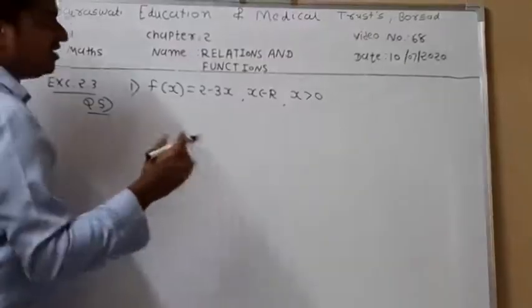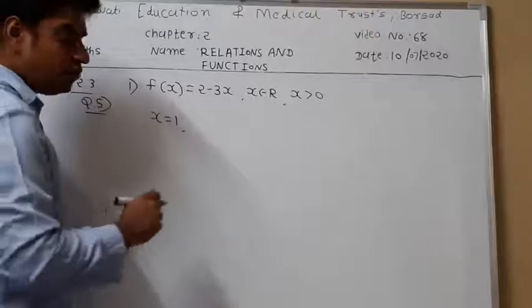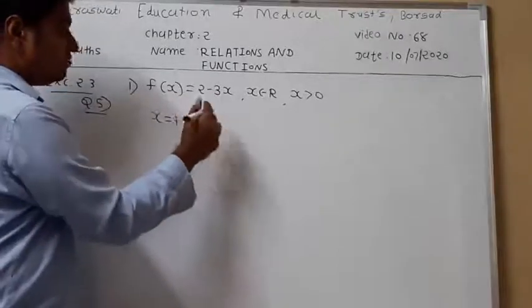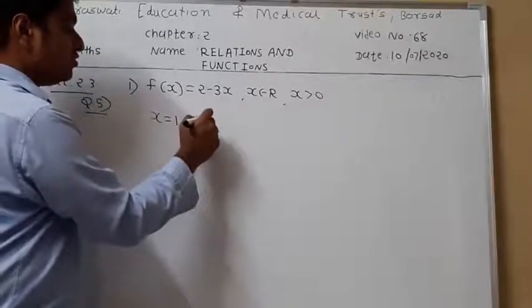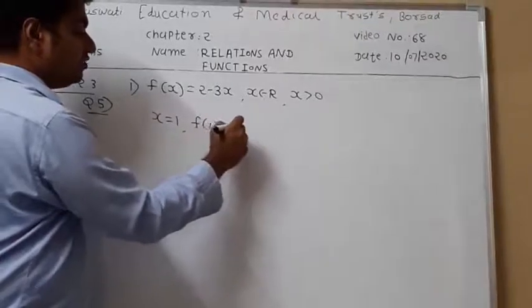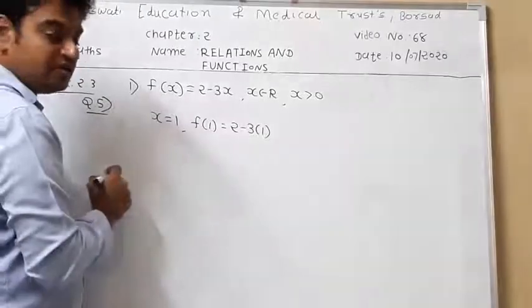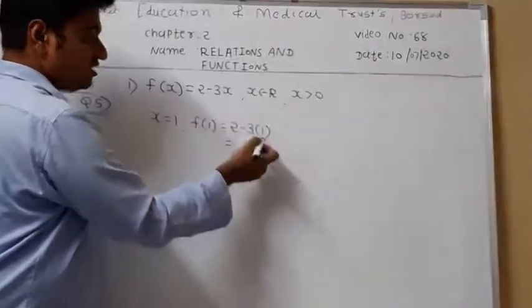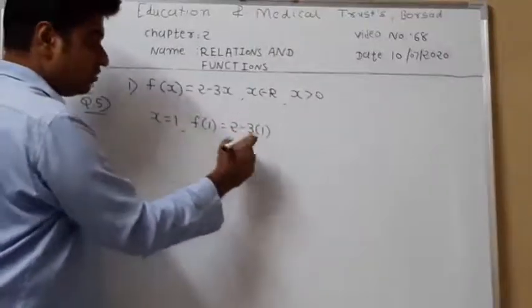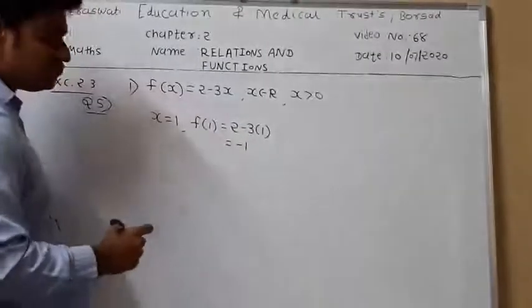Now we can take some positive numbers. Take x is equal to 1 and substitute in this equation. So f of 1 is equal to 2 minus 3 into 1, that means 2 minus 3, which is minus 1.